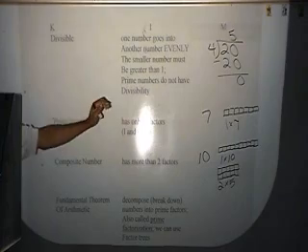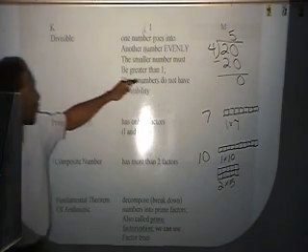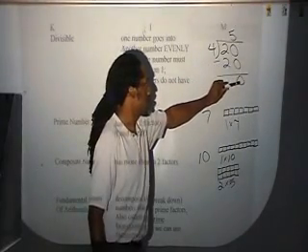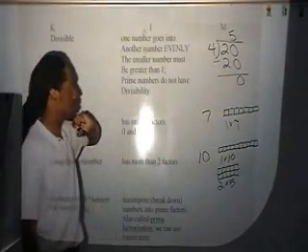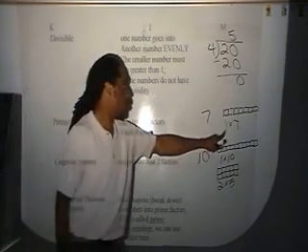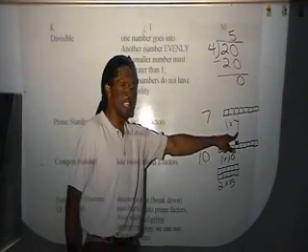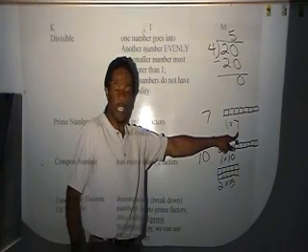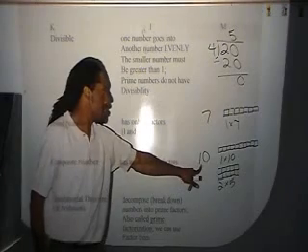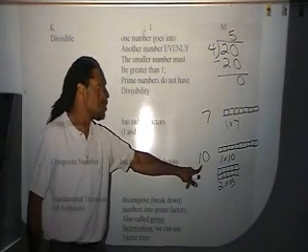Okay. Make sure you have this drawn. Divisibility means that it goes into it evenly. Okay? That makes it divisible. Prime has only 2 factors, 1 and itself, and it cannot be arranged any other way. Composite means it has more than 2 factors.